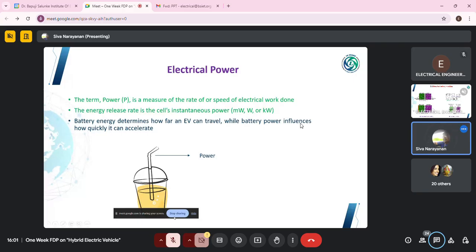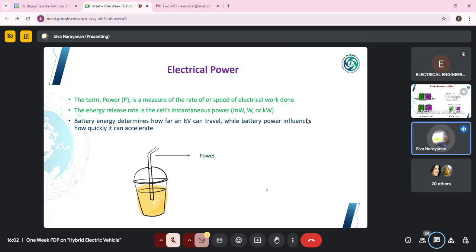From the given figure, you can see the juice extracted from this tumbler is controlled by the small straw put in the top of the tumbler. When you increase the area of this straw, you can extract more power. When you decrease the diameter of this straw, the power is also reduced.